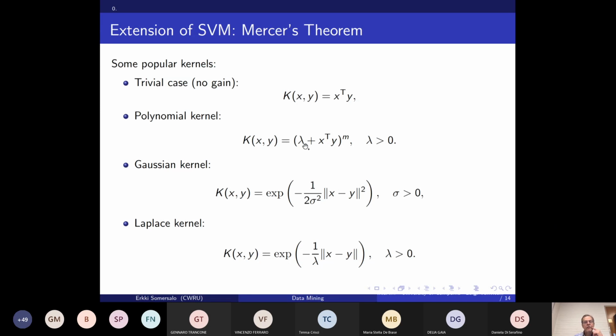Polynomial kernel, that's rather popular already. So you take lambda plus x transpose y, and then you raise it to the power m. Why is this called a polynomial kernel?